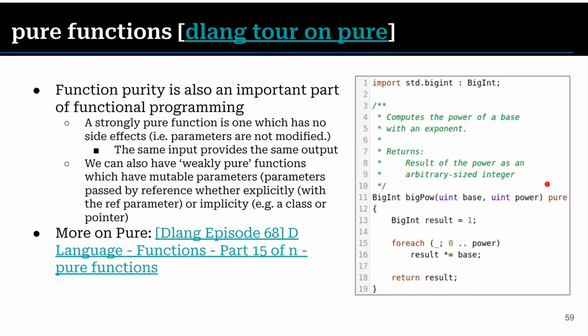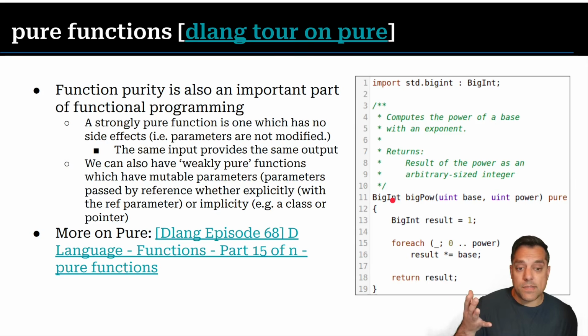And basically what it means is that, well, for a strongly pure function, the same inputs are going to generate the same output. Okay, why is that nice? Well, it's nice because it's probably something that I can then memoize. I can store the value in a table. That's nice. I know it doesn't have side effects, so that might tell me something about how I can use the actual values. Maybe the compiler can do something with it as well.